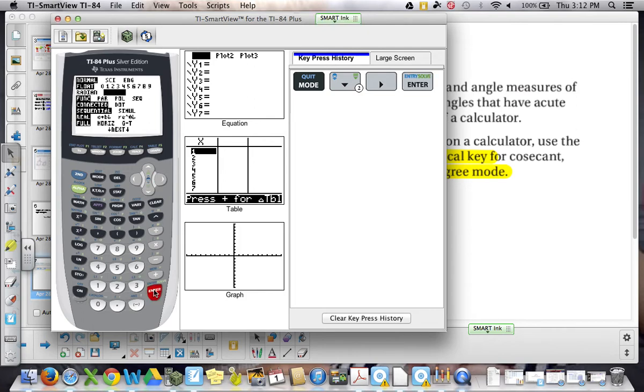If we have our angle measures in radians, which is what we saw in target 37, then we would use radian mode. Typically in math we use degrees, but if you're working in science applications or other types of applications, oftentimes you'll use radians. So make sure you're in the correct mode based on what types of angle measures you're using.